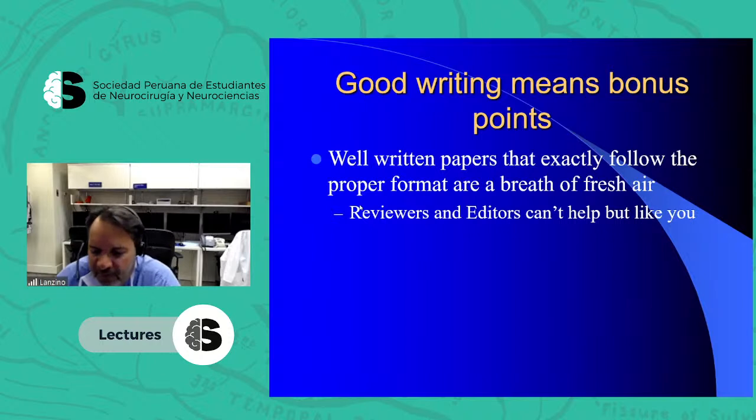Now, if you have a paper that is well written, there is no question that it goes more easily through the review process, because a paper that is well written is easy to read.